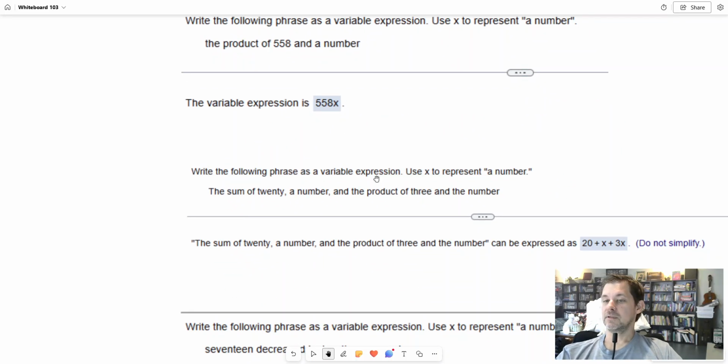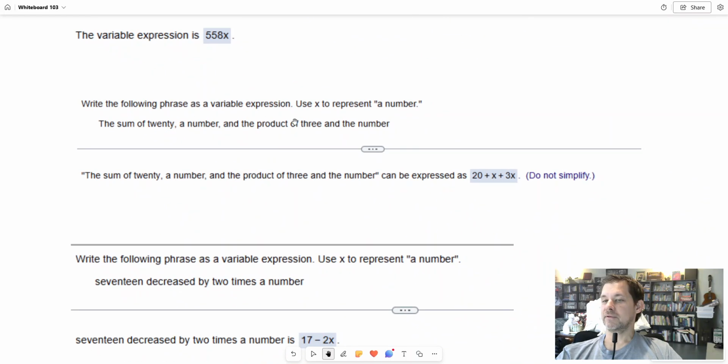What if we have several different things combined? Look at this one. It says the sum of 20 and some unknown number, and the product of 3 times a number. Sum, already I'm thinking addition, right? So I've got two additions: the sum of 20 and the unknown number, and the product, multiplication, of 3 times the number.